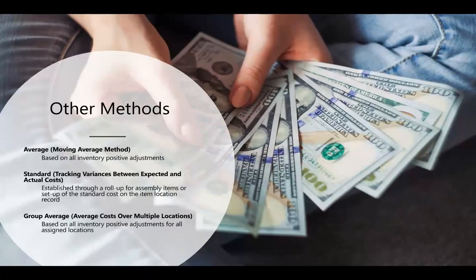Other methods, average, which is based on inventory positive adjustments. Keep in mind, I just ran into something similar where someone adjusted out some inventory before they had finished a work order, which resulted in a $0 adjustment because there was no inventory on hand. Average cost from a negative standpoint doesn't allow you to set the cost.